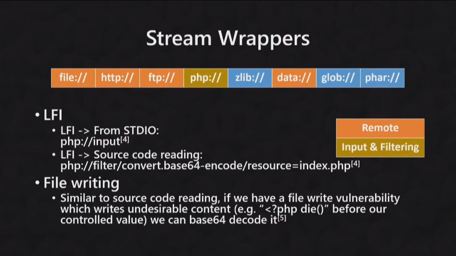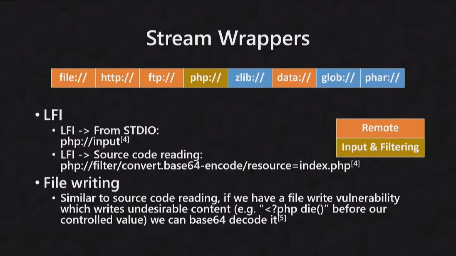The next interesting stream wrapper is the PHP stream wrapper. One way this has been used in a number of exploits is php://input, which grabs standard IO and treats it as if it's a file. In a web application scenario, that's generally what you've posted to the page, but it will be treated as if it's a file.